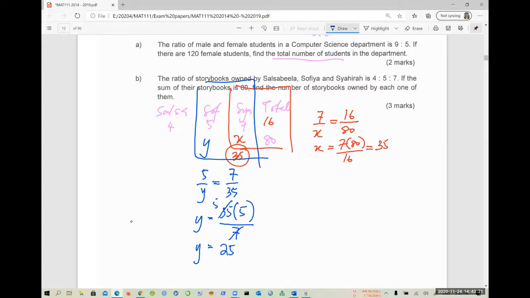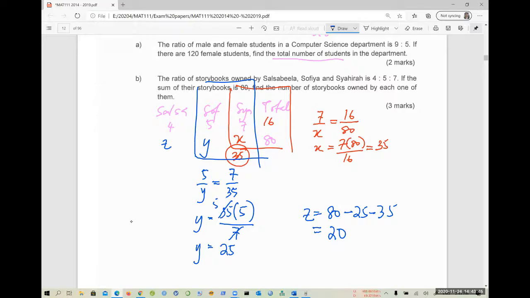Okay, so now let's say this one is Z. For Salsabila, Z is simply equal to 80 minus 25 minus 35. So 80 minus 25 and 35, you get 60, so Z is equal to 20.